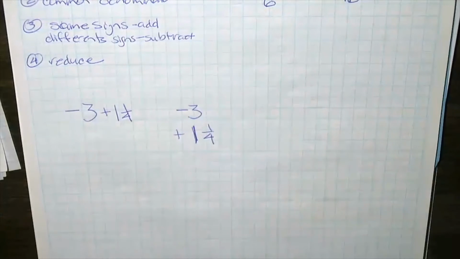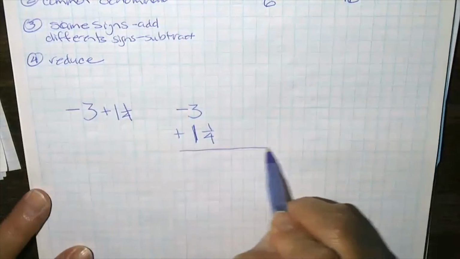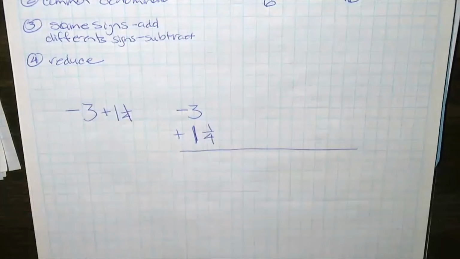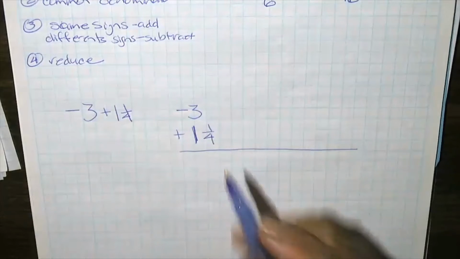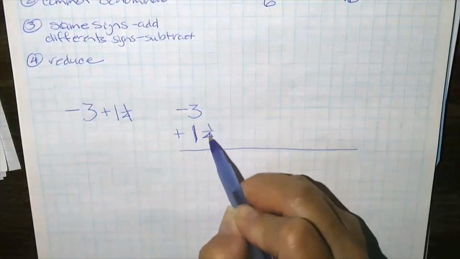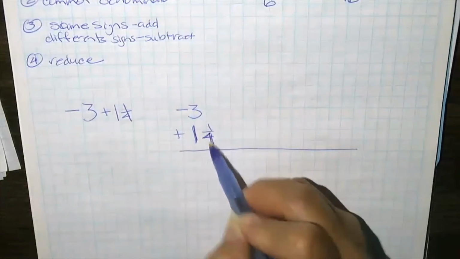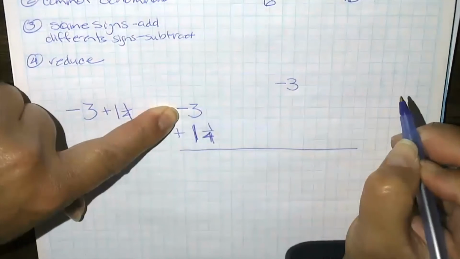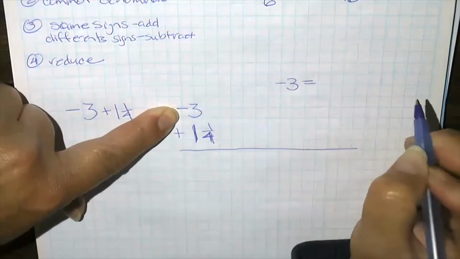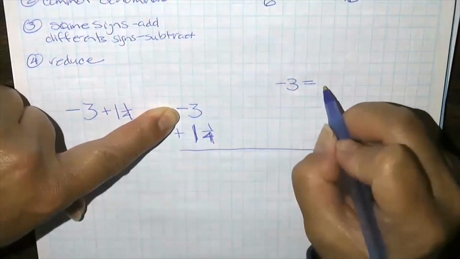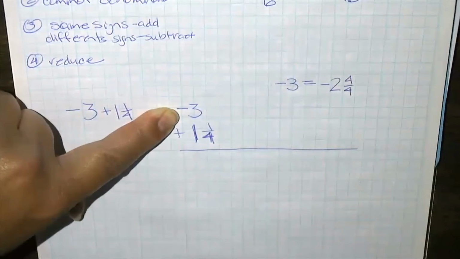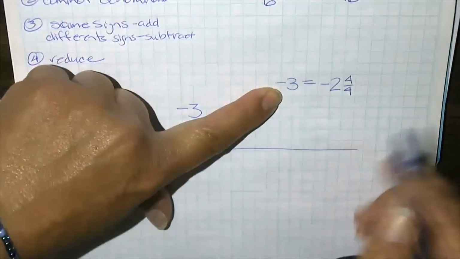I need to find a common denominator. -3 is -3. It doesn't even have a denominator. So my denominator here is 4. I want to pay attention to that because -3 is the same thing as -2 and 4/4. -3.